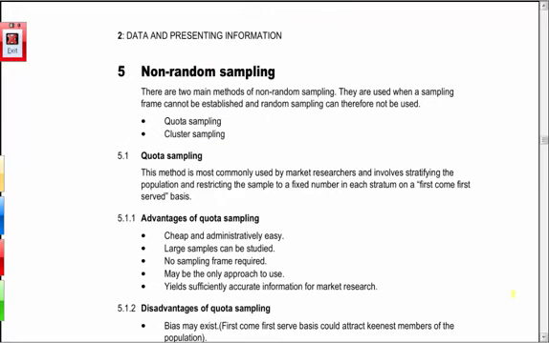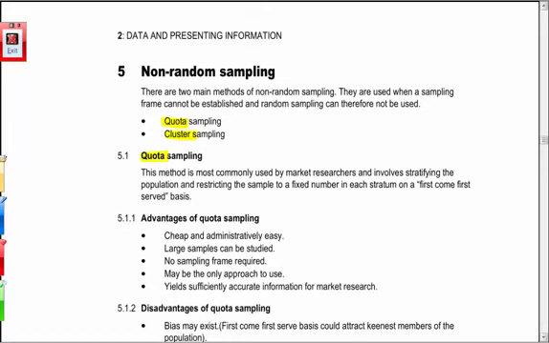Random sampling then is all well and good if we have a sampling frame. However, if we don't have a sampling frame or we cannot establish one, then we have to think about a non-random method of sampling. And the two that we're going to consider are quota sampling and cluster sampling.